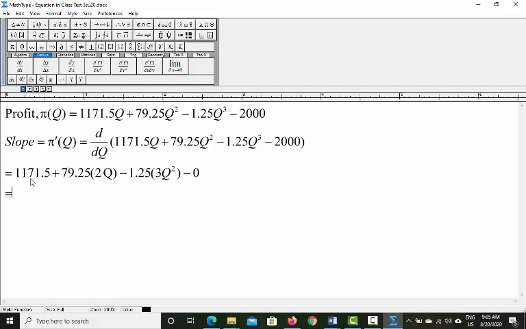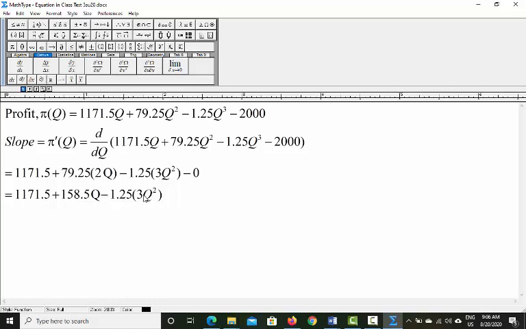So now what we have: if you multiply 79.25 by 2, we have 158.5q.